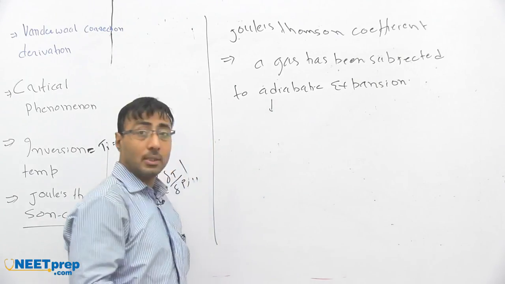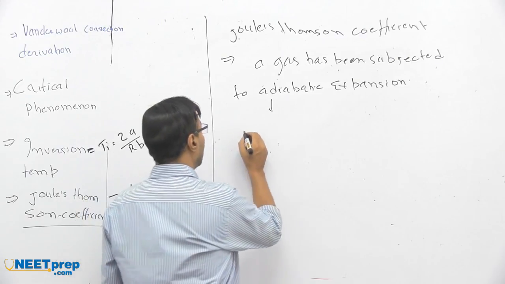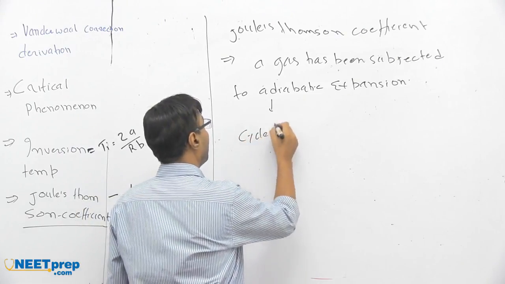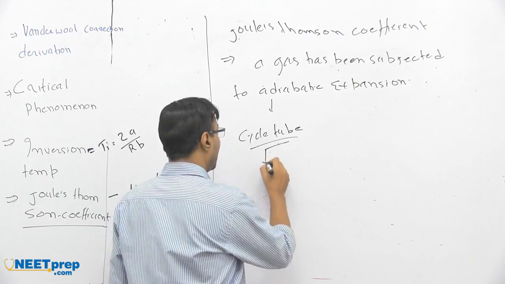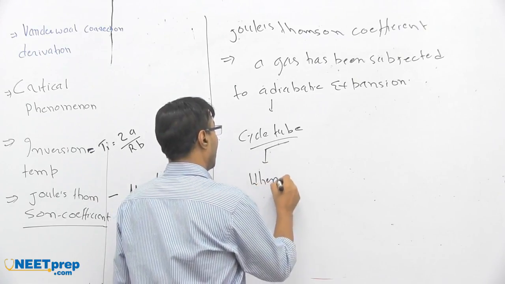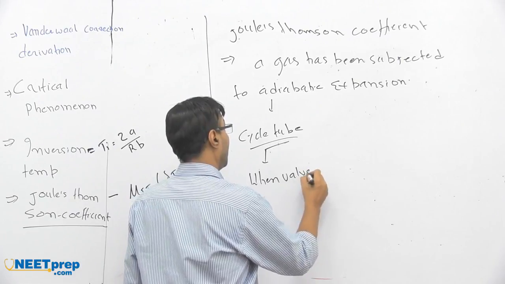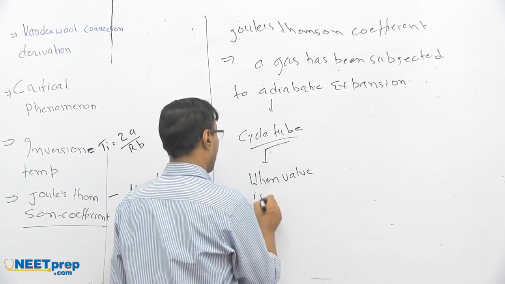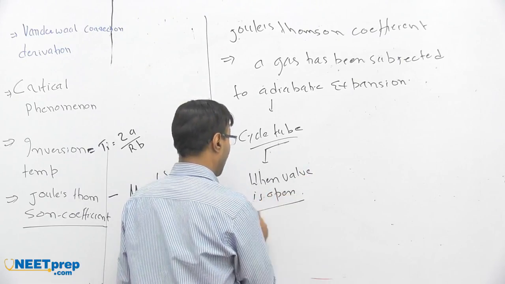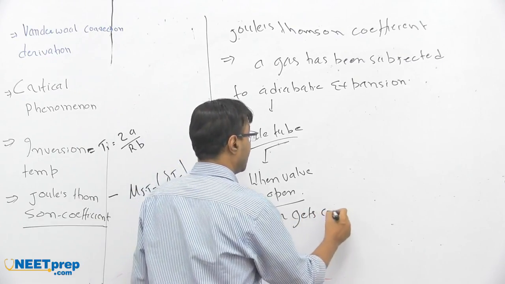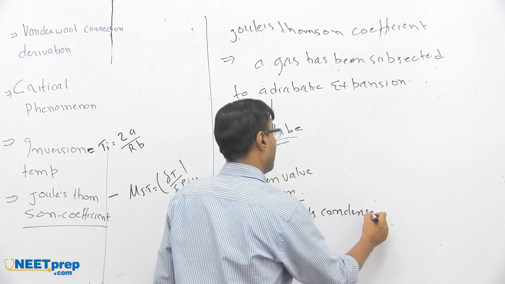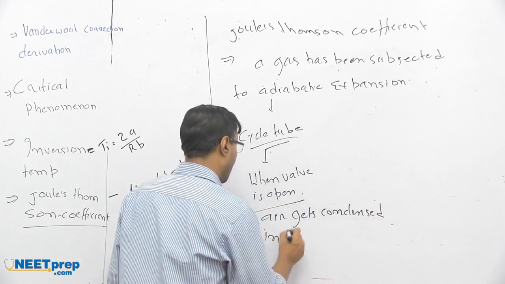You can see the cycle tubes. When the valve is open, air gets condensed in liquid form.